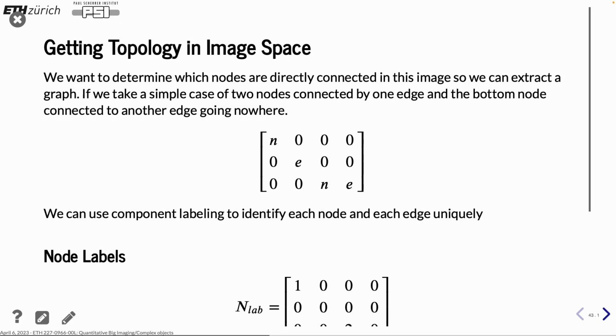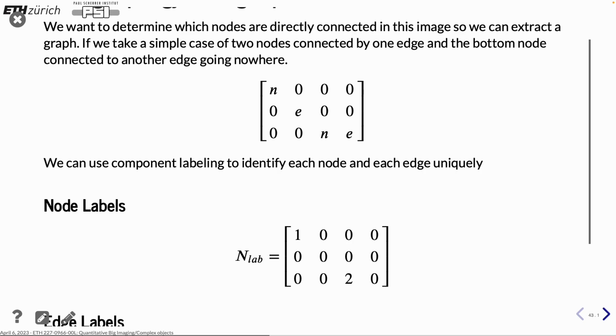So now we still only have our endpoints and line segments, and we want to get an idea of how the network is connected with each other. For that, we want to have a little toy example, where we have two images, one image which consists of nodes and edges, like this.